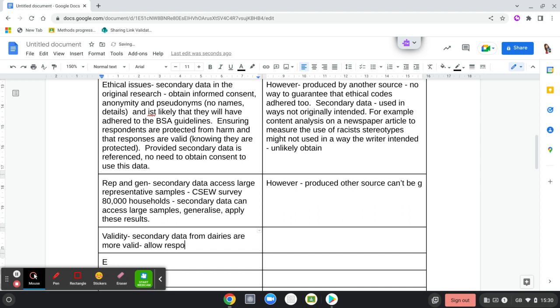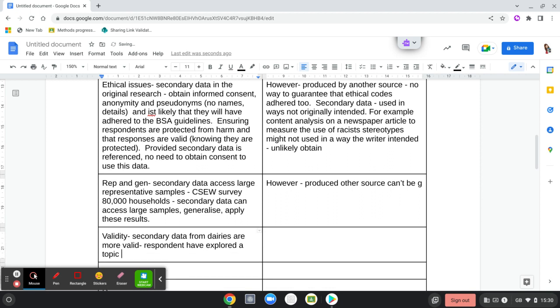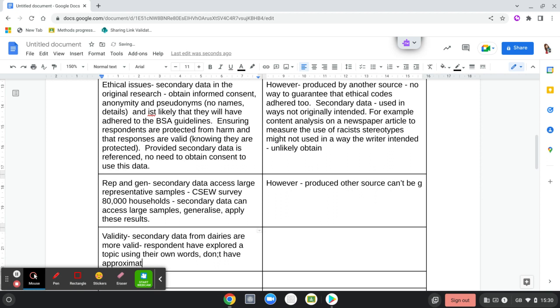They allow respondents to explore a topic using their own words, and they don't have to approximate answers. So secondary sources in the form of diaries tend to be more valid because you've explored it in your own words and you haven't had to approximate.